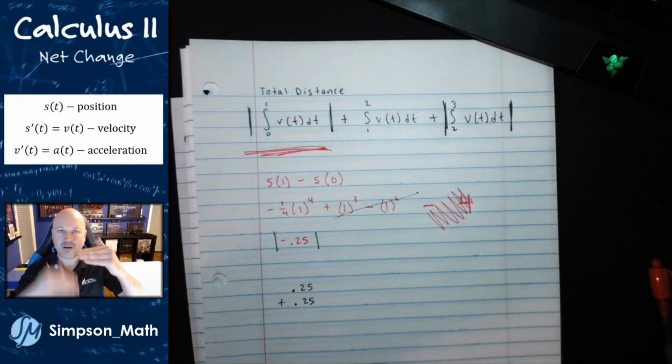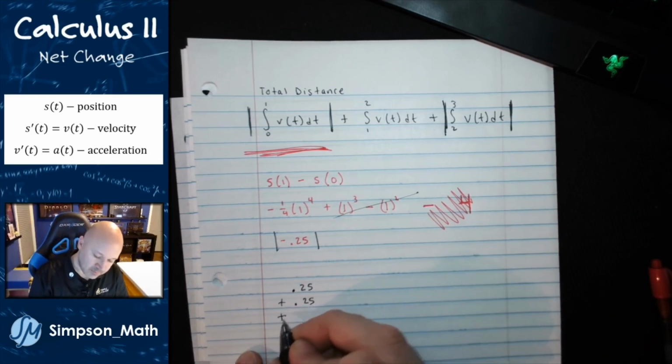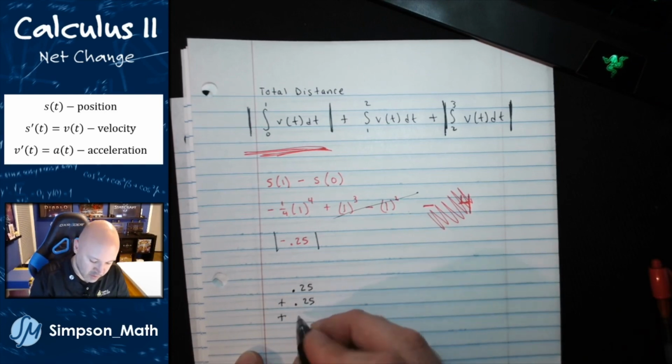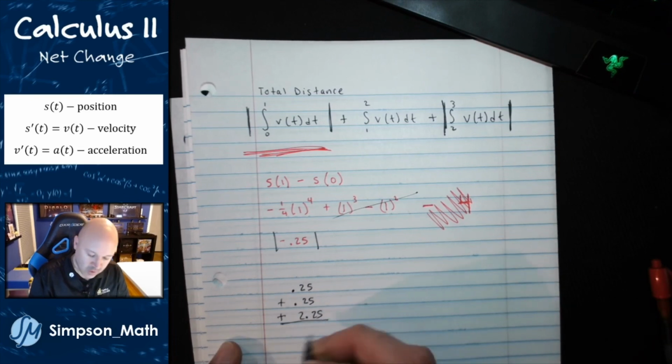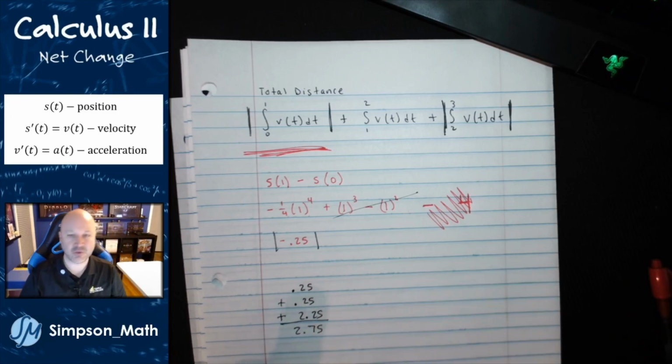I went down, and then I went back up, and then back to 0. That up and down was the same distance. Plus this last one, which we already know is 2.25. So my total distance is 2.75 units.